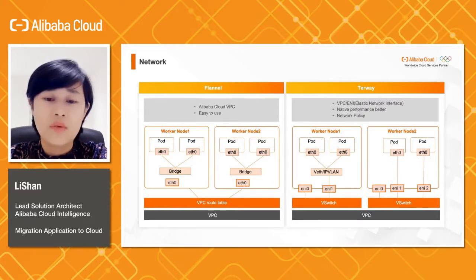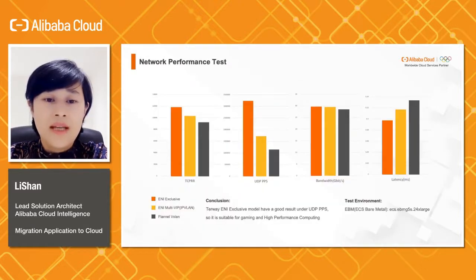But if you just want to use the network in a Kubernetes cluster and do not have any specific demands, we suggest you choose Flannel network because it is easy to use.